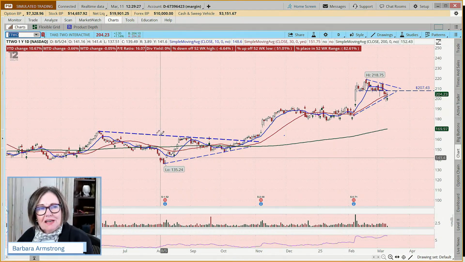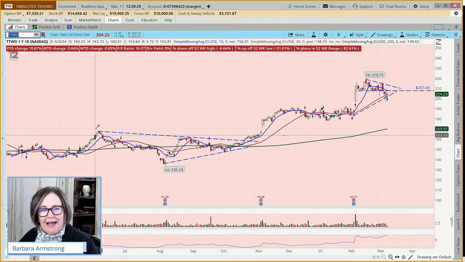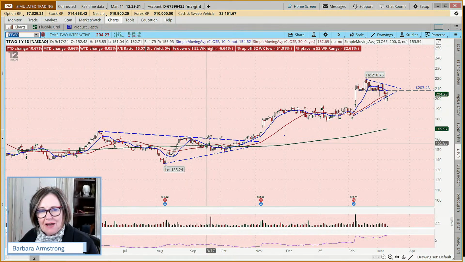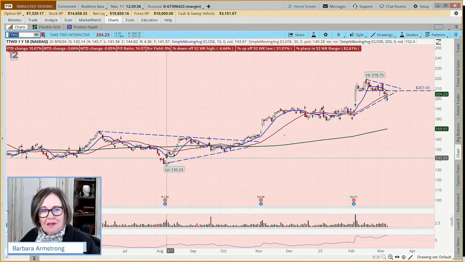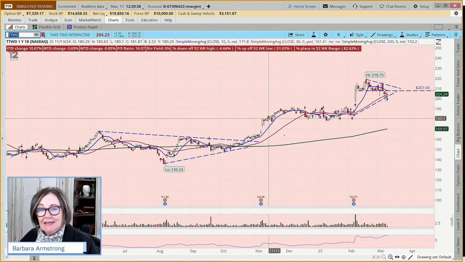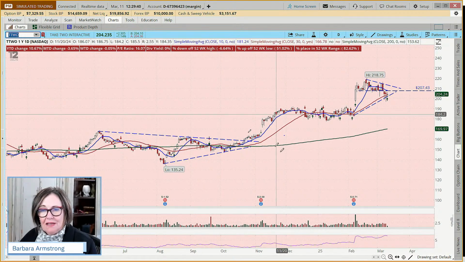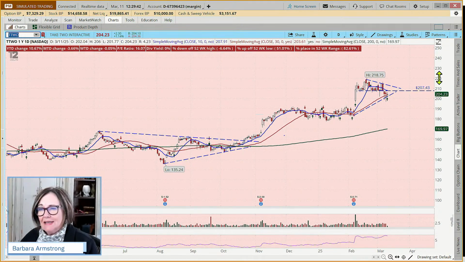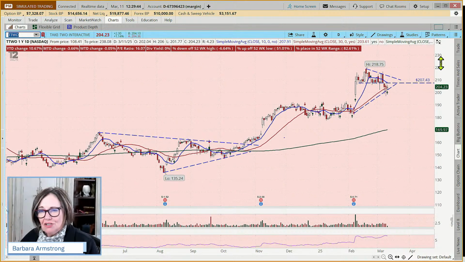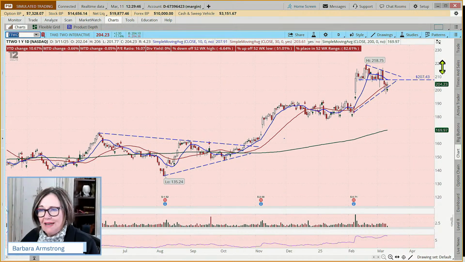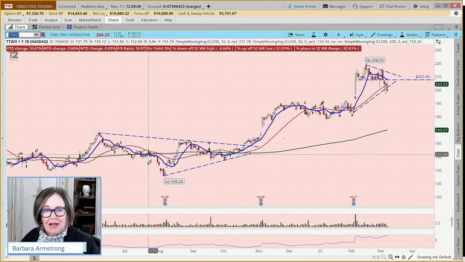Okay, so here's another one where, if we look back in time, we saw this pattern happening, right? Where it was lower highs, higher lows, and then it did break out to the upside. And if you want to spread your chart out, you can just grab this bar on the right-hand side and push it up.